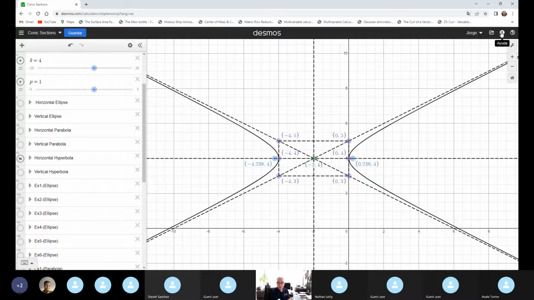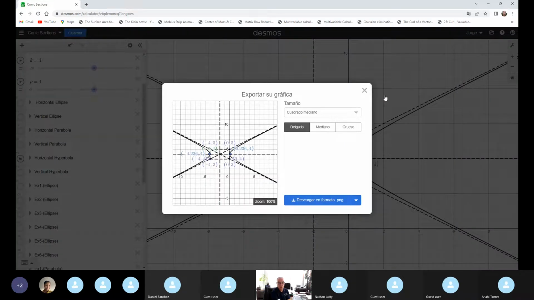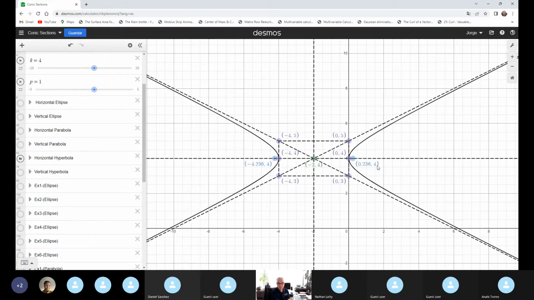You export the picture, export the graphic, set it out the proper way, and download. Any questions? Is everything okay in the coding section?